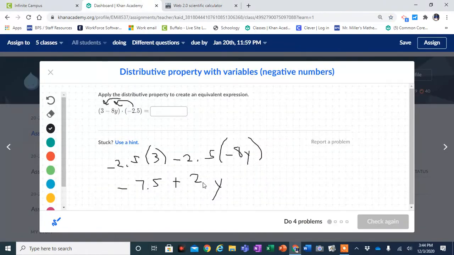So right here would be a 20. So again, negative 2.5 times 3, negative 7.5. Negative 2.5 times negative 8y, negative times a negative is a positive, 2.5 times 8 is 20, keep the y. So this is negative 7.5 plus 20y.